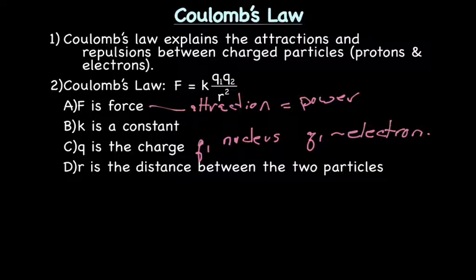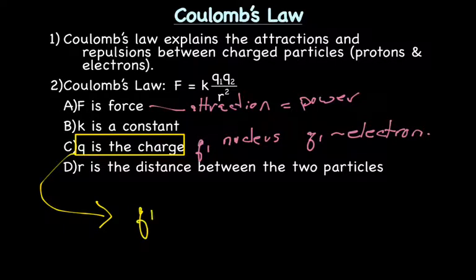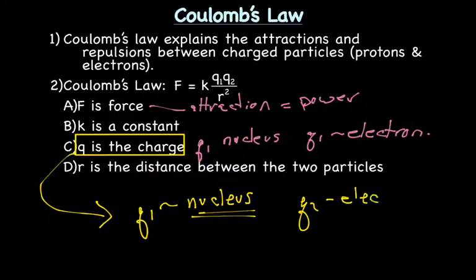Something interesting you should understand is that because the nucleus is all packed together, when we talk about Q1 as the nucleus, we're actually talking about the whole nucleus, not the individual protons, versus Q2, the electron, where we're normally talking about the single electron under discussion, because the electrons are not all squished together.